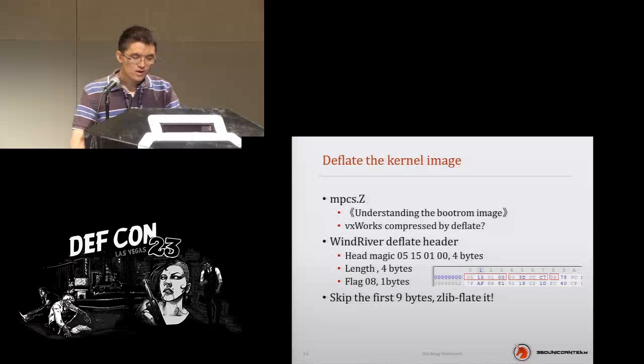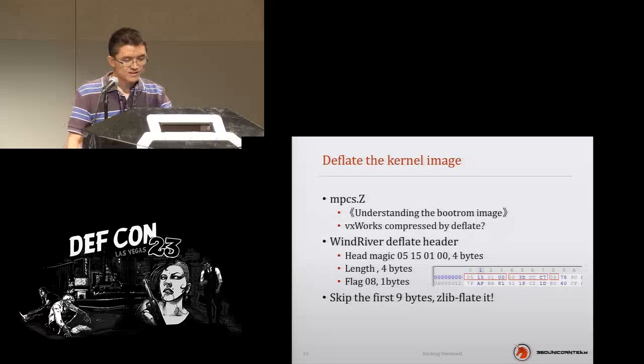And I examined two versions of the image. We got 05150100 from the header. The 4 bytes are fixed, maybe it's a magic. And the next 4 bytes from the header are 00, 3D, CC, C7. And I guess it's a length.